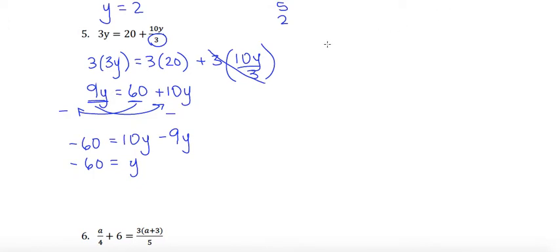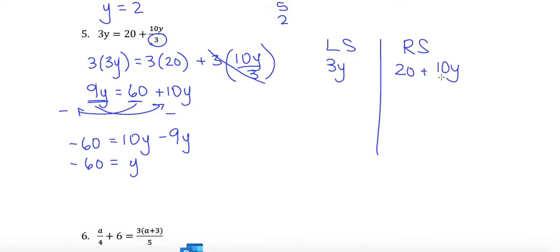So let's do our left side, right side check. The left-hand side is 3y. The right-hand side is 20 plus 10y divided by 3. Substituting in the value for y, 3 times negative 60. 3 times negative 60 is negative 180.